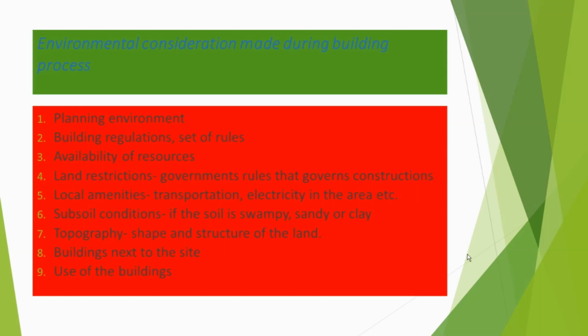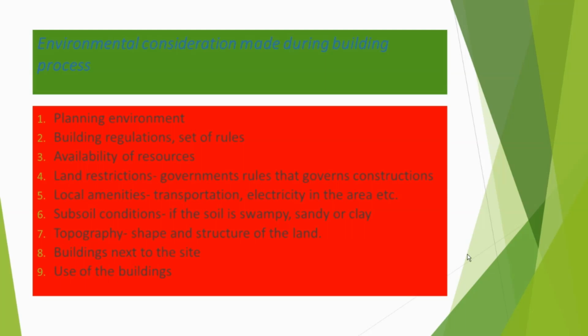Then the next element we're going to tackle is the environmental considerations made during the building process. Under the environmental consideration, we'll consider the planning environment, building regulations, set of rules, availability of resources, land restriction, which is the government rules that govern constructions, local amenities such as transportation, electricity in the area, etc. Then the next thing we'll consider is the subsoil conditions.